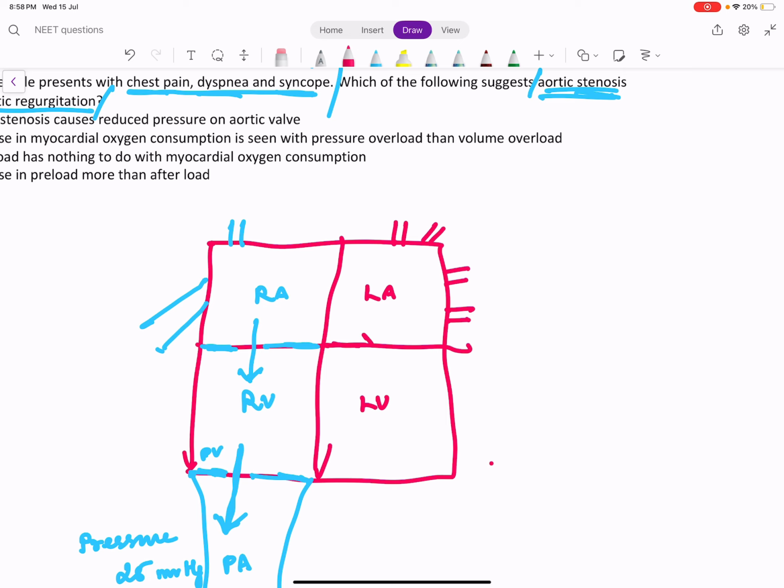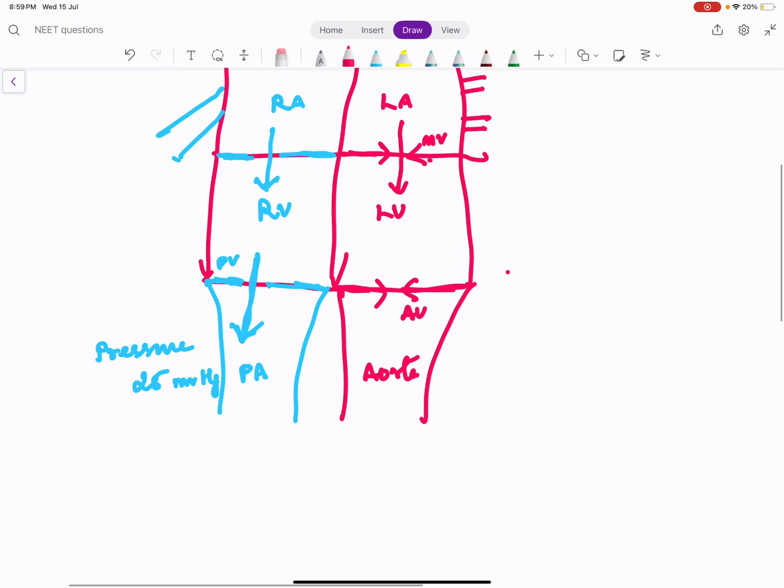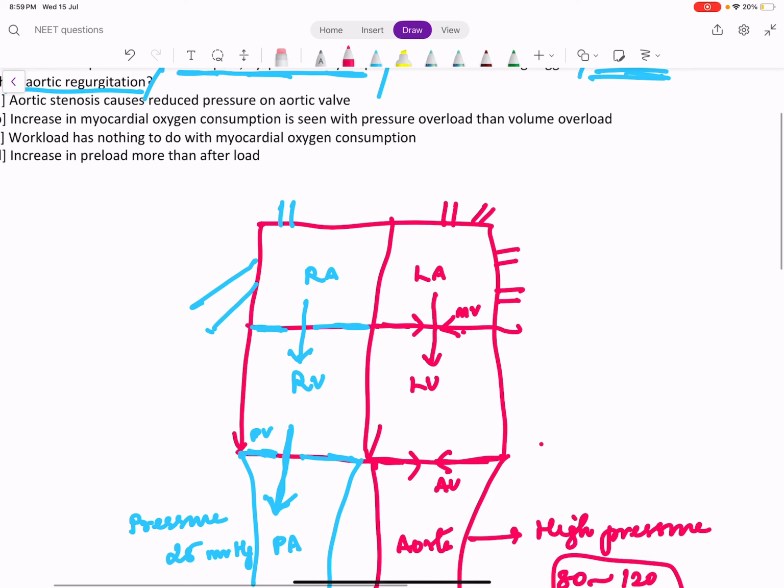From the left atrium, oxygenated blood enters the left ventricle through the mitral valve, and blood enters from the left ventricle to the aorta through the aortic valve. In contrast to the pulmonary system, the aorta is a high pressure system. We know very well the normal aortic pressure is around 80 to 120. So this is how blood flow occurs.